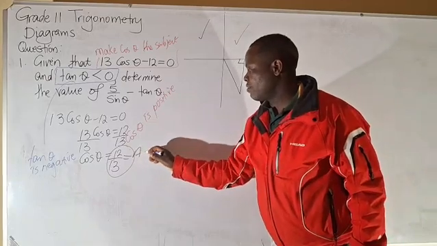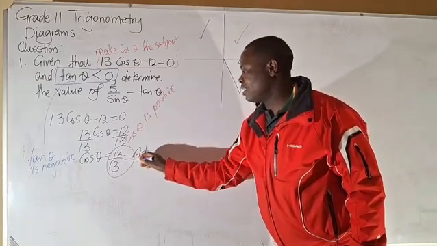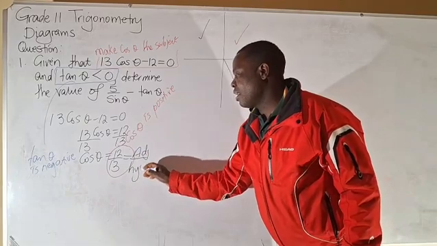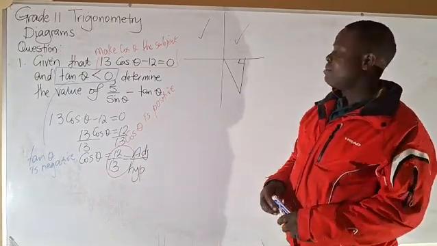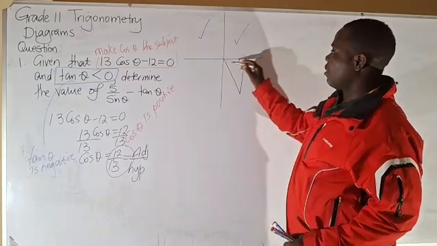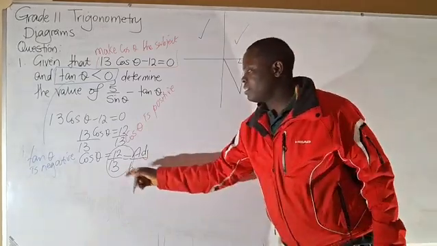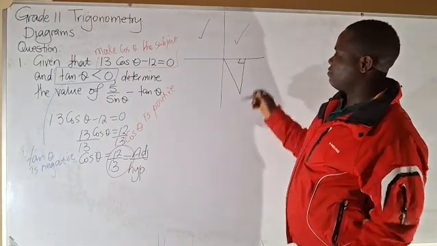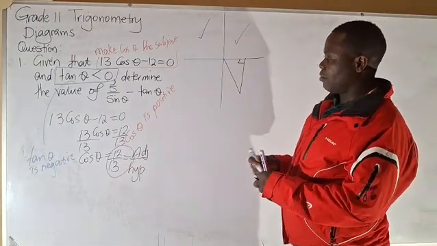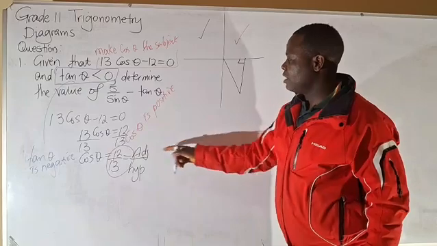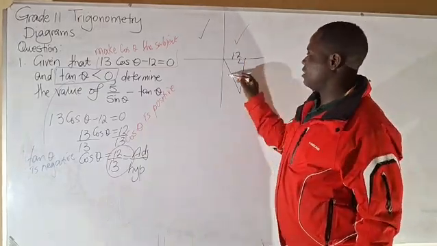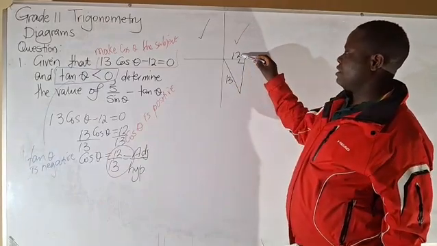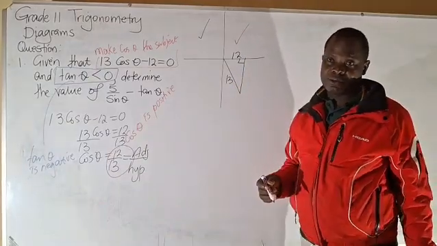The cos of an angle is equal to adjacent divided by hypotenuse according to trigonometric ratios. So in our triangle, the adjacent is 12 and the hypotenuse is 13. Cos is adjacent over hypotenuse.